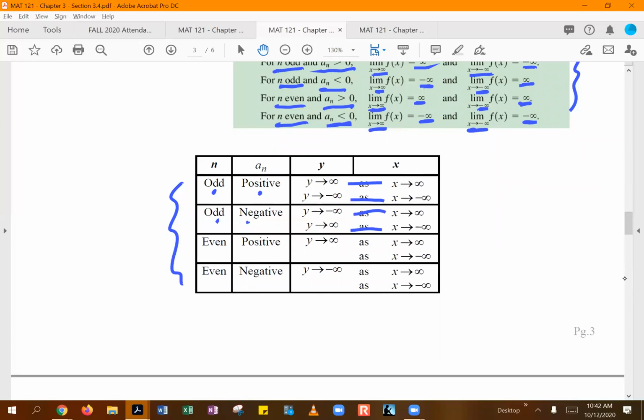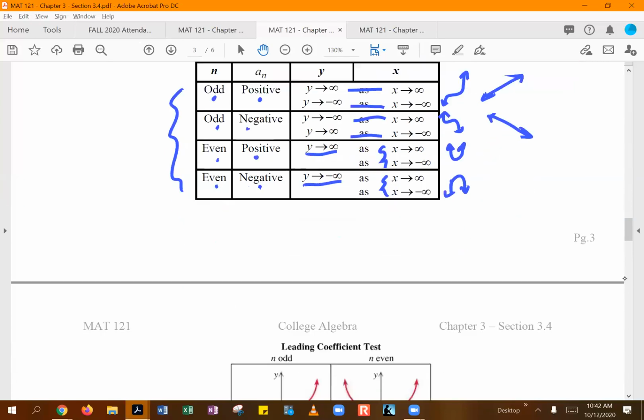And then with even exponents, no matter where your x is going, your y always goes either up or down, because you can think of these as your parabolas. And for these, you can think of them as either x to the third, or just the y equals x function, because they also help you with both of these definitions here.